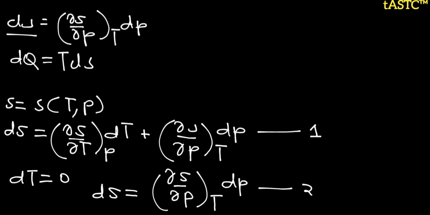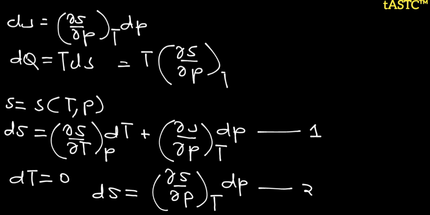Now we know this is dS. So what is going to happen? We will take dS, which is given as this, and substitute it into this. So this is what we're going to have. This will be T multiplied by partial S, partial P at constant T with respect to the natural derivative of the pressure.